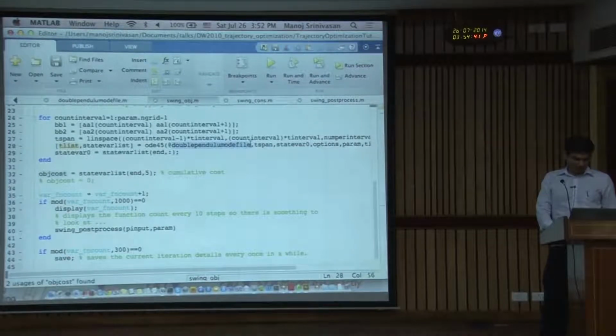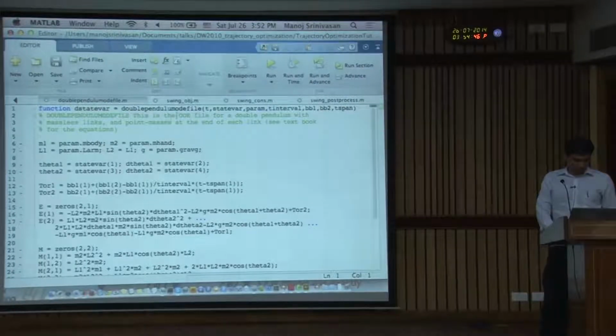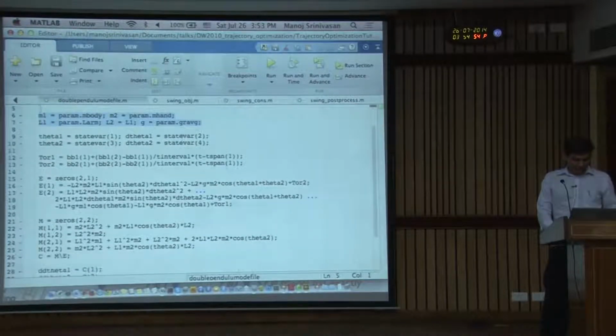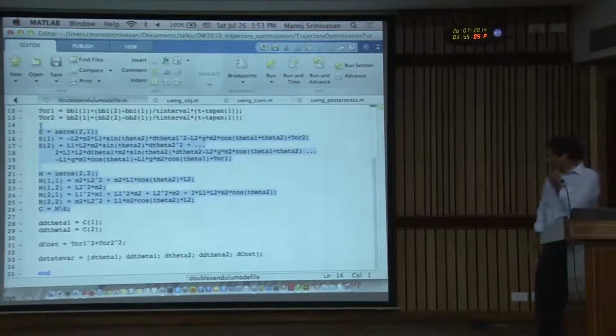That's the ODE file, which is this file, which as usual has this is where you unwrap all the parameters, and here you essentially get the torques at a given point in time within that little piecewise linear piece, and these are just the equations of motion for a double pendulum.